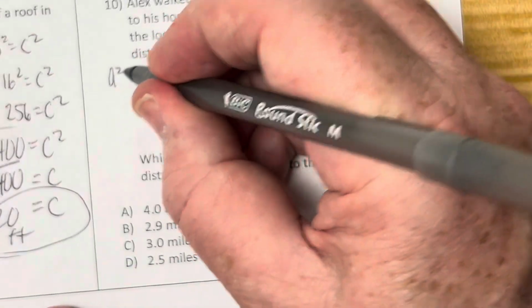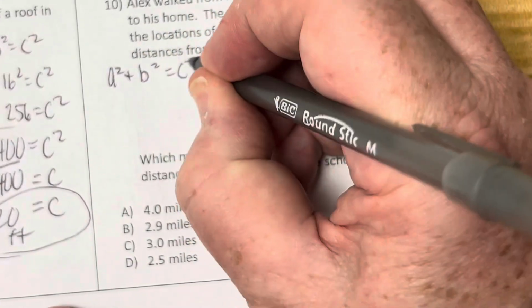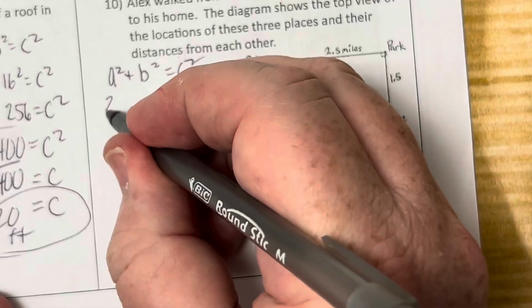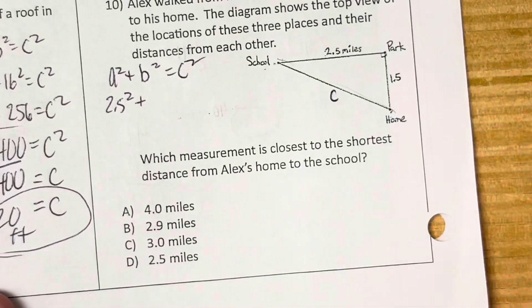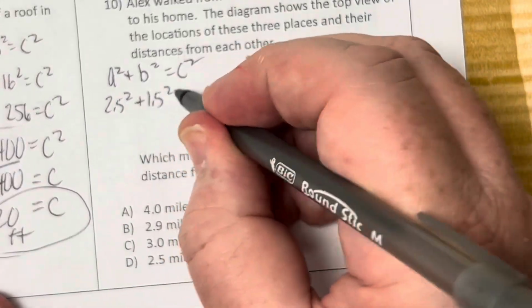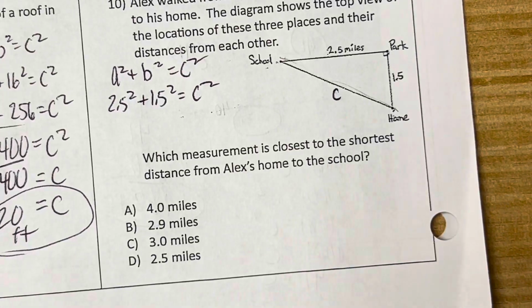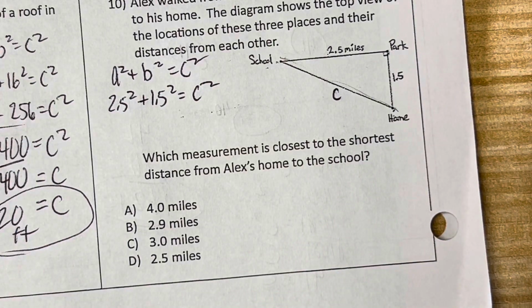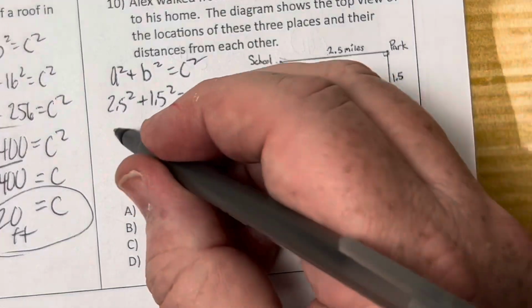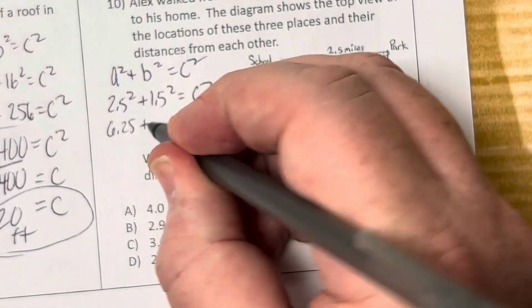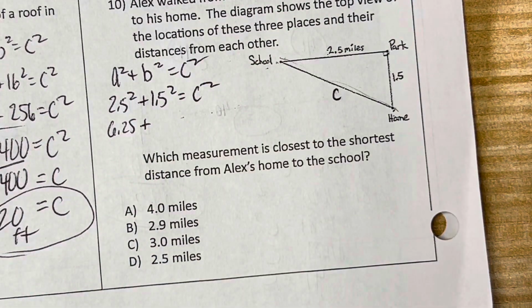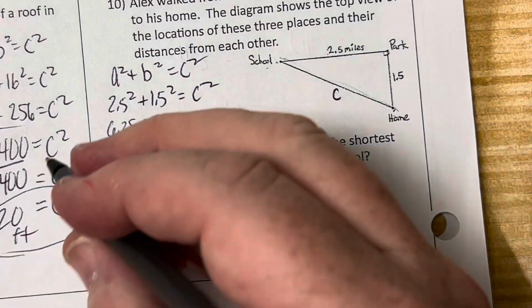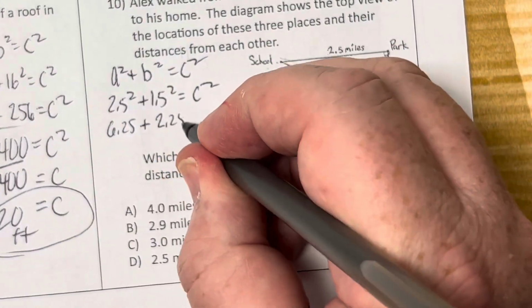So we have A squared plus B squared equals C squared. So 2.5 squared plus 1.5 squared equals C squared. 2.5 squared is 6.25. 1.5 squared is 2.25.